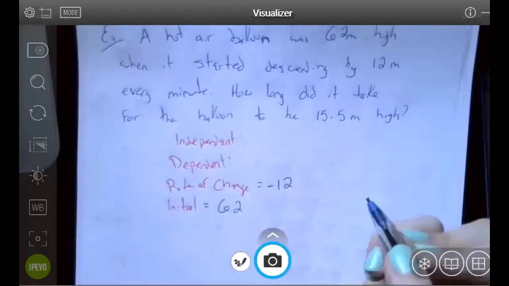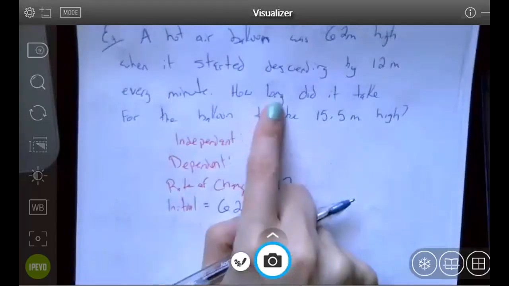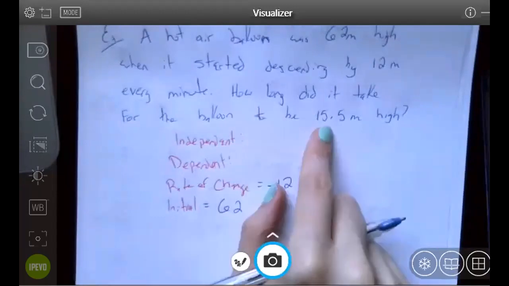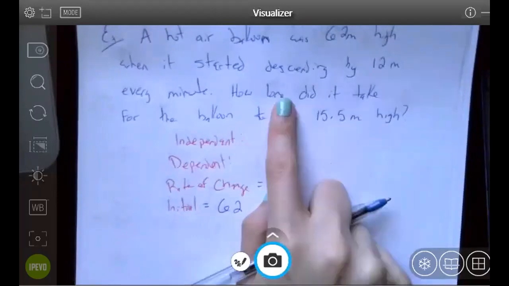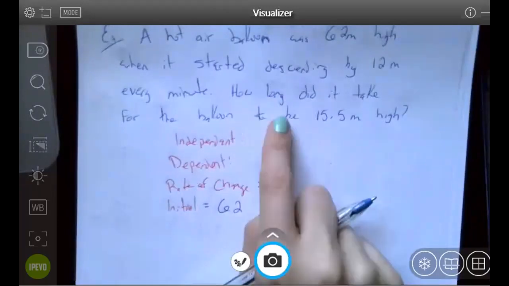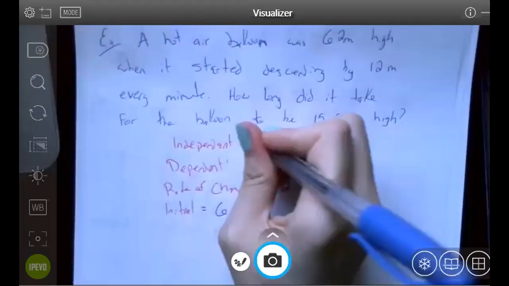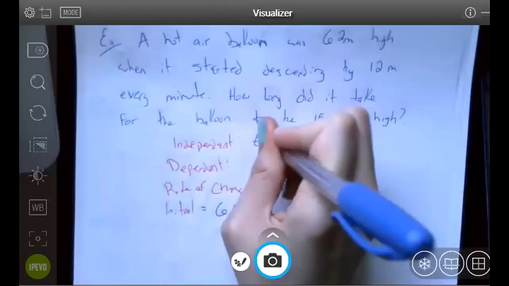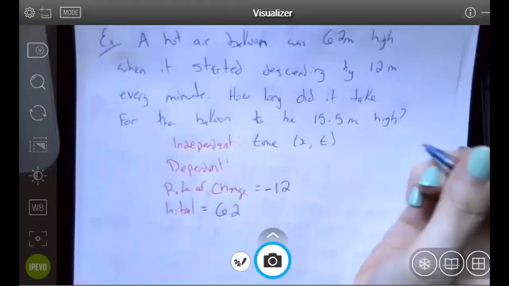And then our two variables, the two things that we're comparing, are how long it took, so time, and the height. The height that the balloon is at depends on how long it's been dropping for. Also, a little hint, anytime time is one of your variables, time is always independent. So time is our independent. You can call it X or you can call it T, whatever you want.